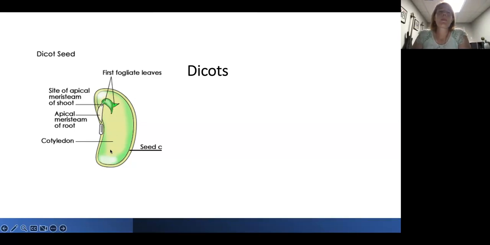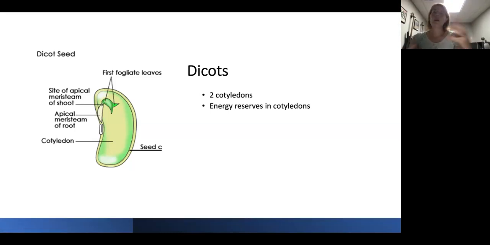And here, instead of having an endosperm, well, first of all, they have two cotyledons, so they have two seed leaves. And instead of having an endosperm, their energy reserves are actually absorbed into the cotyledons. So when you break open a bean seed, what you're basically seeing is those seed leaves, and they're very, very large.